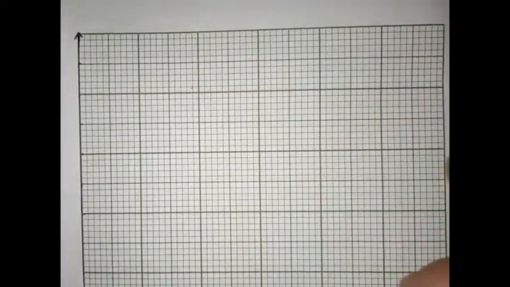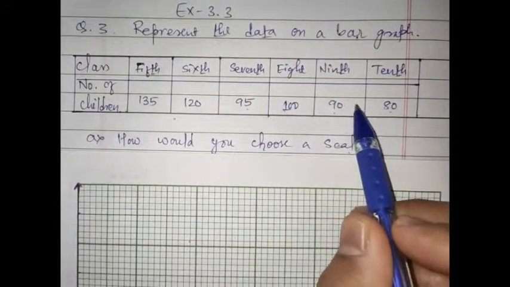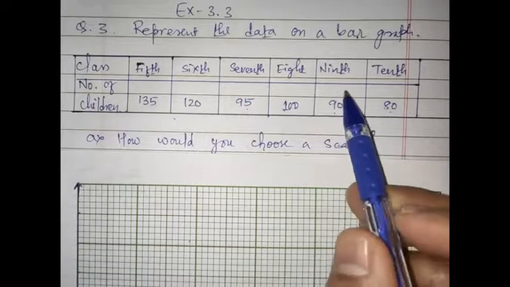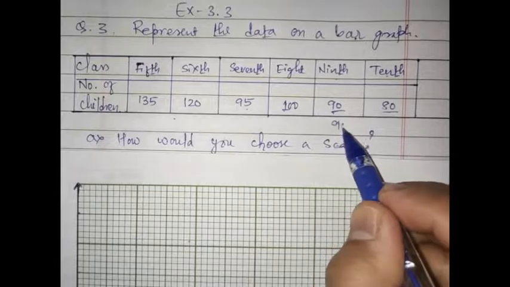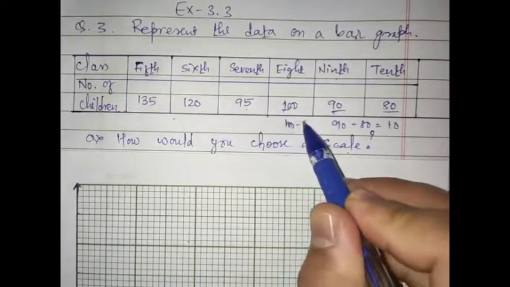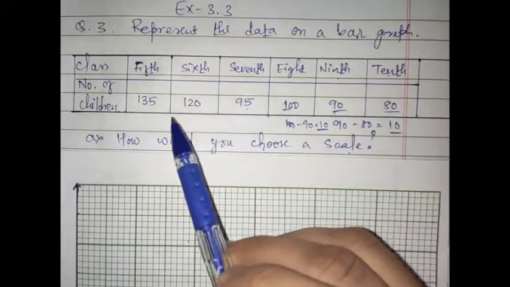The first thing to look at to choose the scale is the table. It is given that in 9th and 10th the values are 90 and 80, right? If you subtract 90 minus 80, it is 10, and 100 minus 90 is again 10, so it is a 10 unit difference.